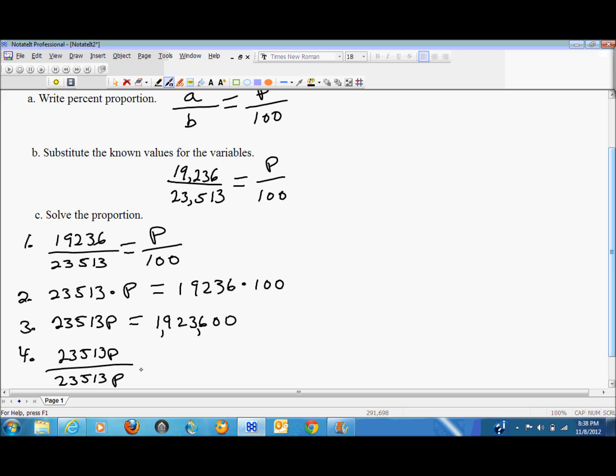And that's equal to 1,923,600 divided by 23,513. Huge numbers, but you know the way. Anyway, so that's step 4, and then of course step 5 says we must simplify, and that will give us some percent actually.